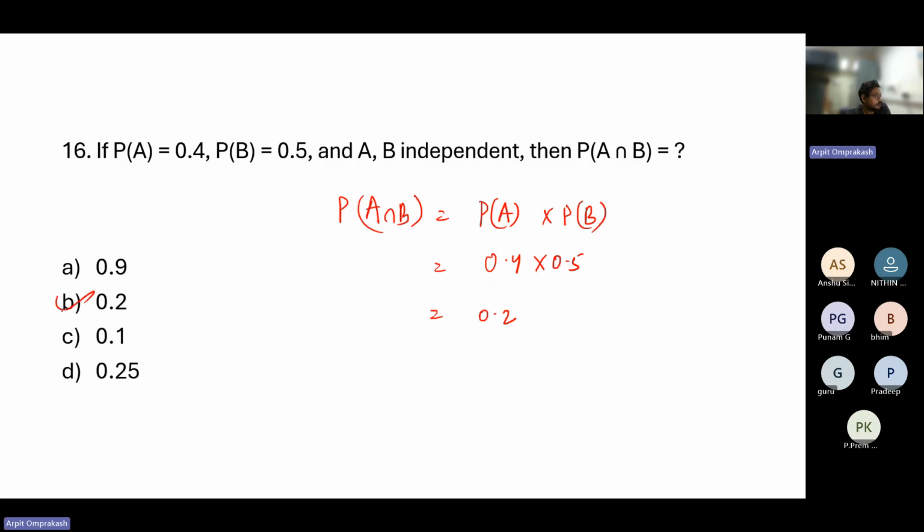The answer is option B, 0.2. Since A and B are independent, A intersection B is probability of A into probability of B.